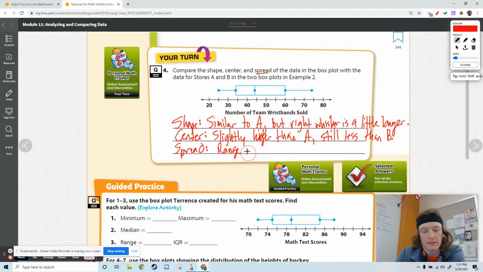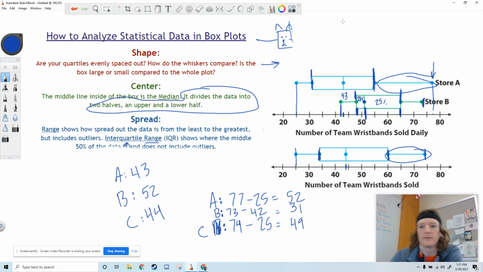Range is less than A, greater than B. Now let's look at the interquartile ranges. I'll do those up here: A, B, C. A is the interquartile.